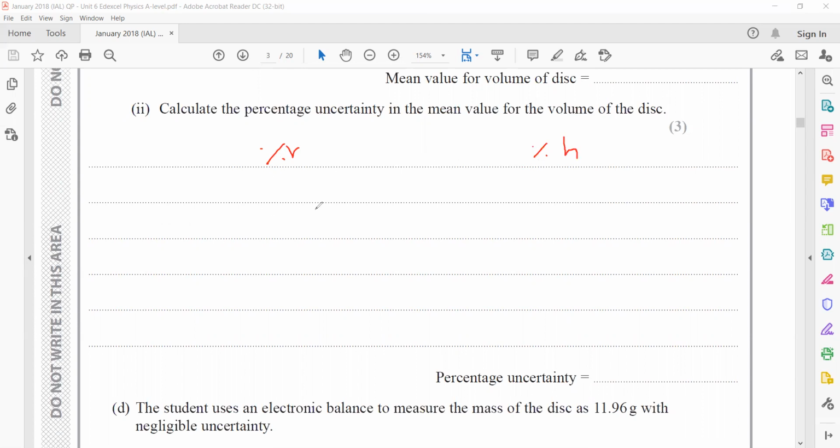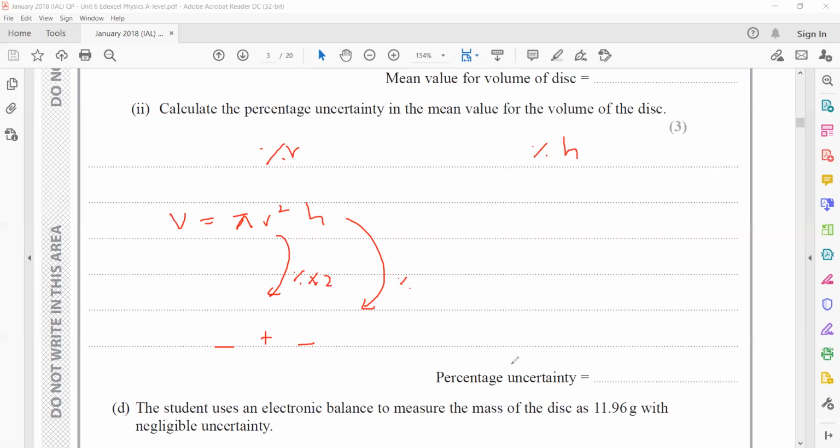But the percentage uncertainty in R will be twice, because it is pi R square into h. When a power is there, the uncertainty will be multiplied. So the percentage uncertainty in R will be multiplied by 2, and the percentage uncertainty in the thickness is added to get the uncertainty in volume.